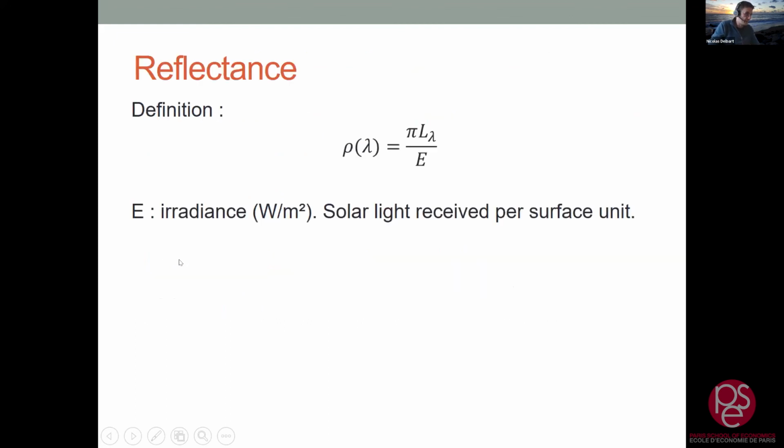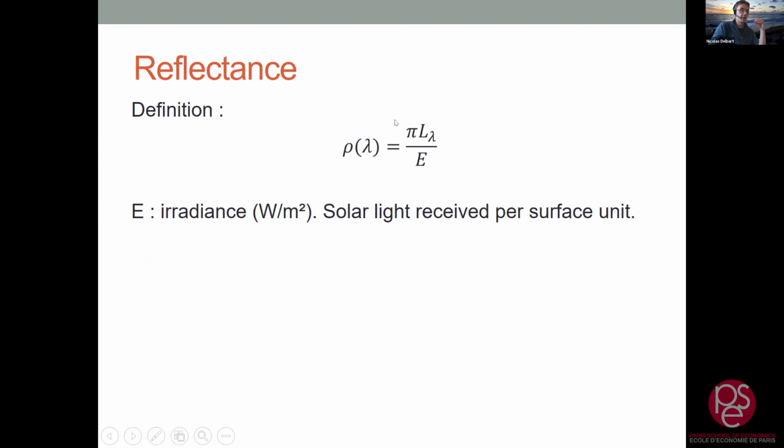Then, when you have the spectral radiance, what we very often want to do is to study the surface. So from the spectral radiance, we want to derive the reflectance for a specific wavelength.